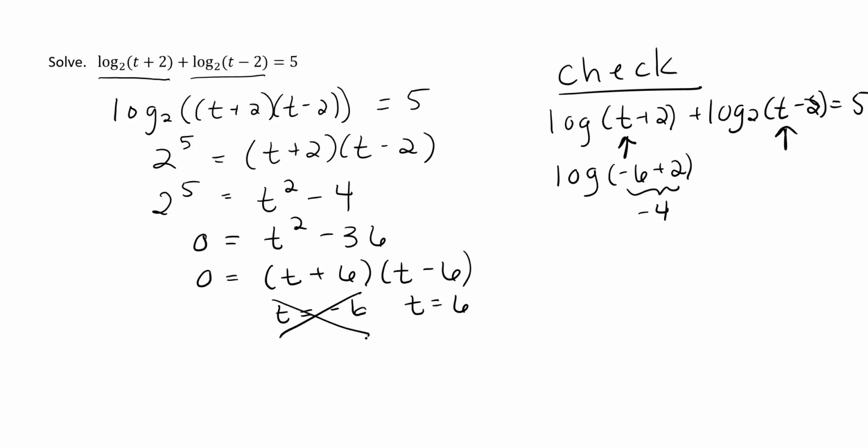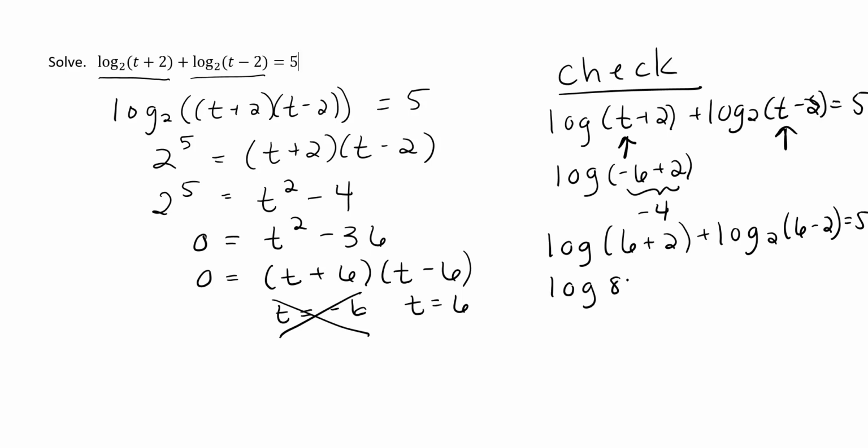Okay. If we continue to check, we'll put the 6 in. So you'll have a logarithm of 8. I forgot to write my base 2 here. Actually, I forgot to write my base 2 a lot of places here, didn't I? Okay, so I'll have logarithm base 2 of 8 plus logarithm base 2 of 4.